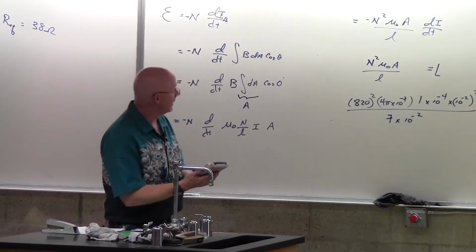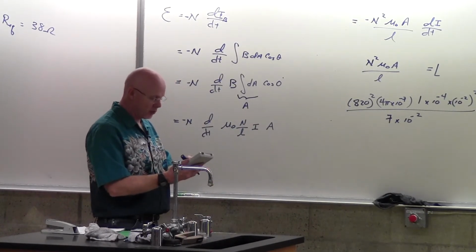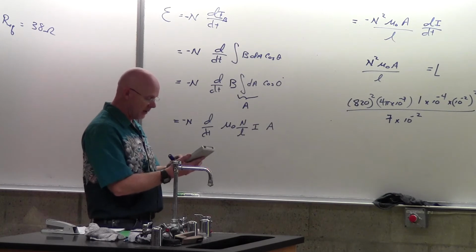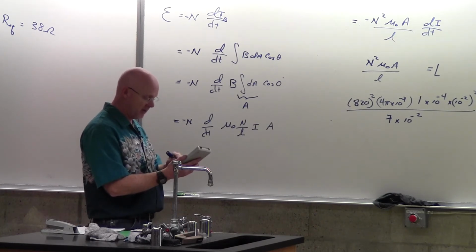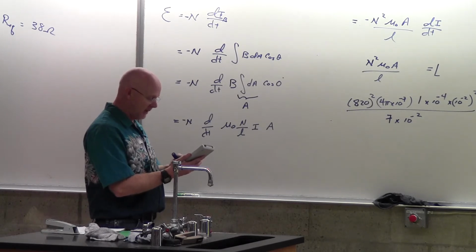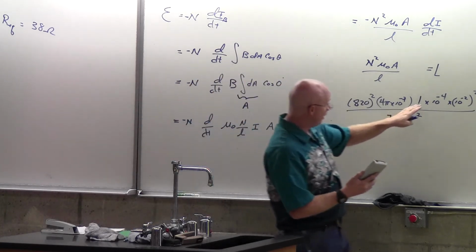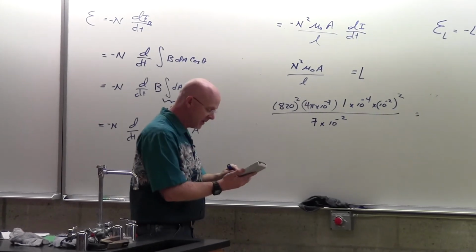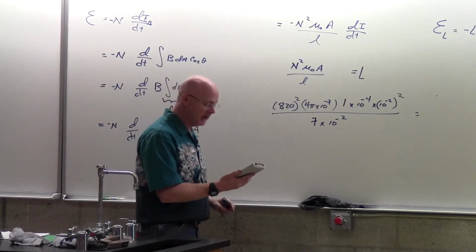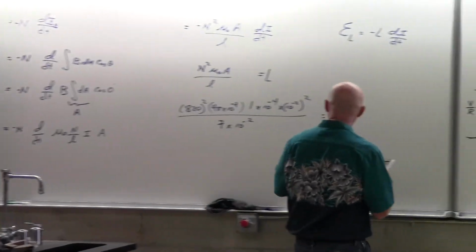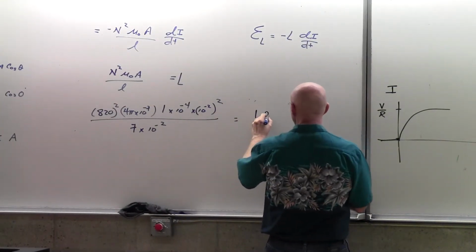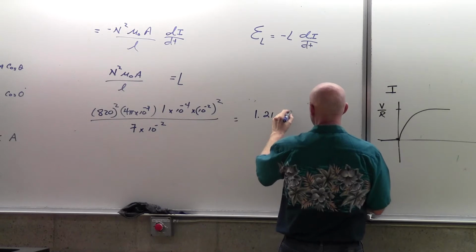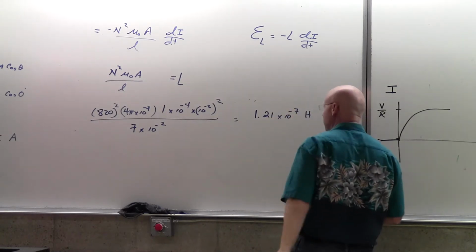So if I grab my calculator here and go 820 and square it, and then go times 4, and then times pi, and then times 1 times 10 to the negative 7, then times 1 times 10 to the negative, and I might just put all these together, negative 8. Then divided by 7 times 10 to the negative 2, I get 1.21 times 10 to the negative 7 henries.